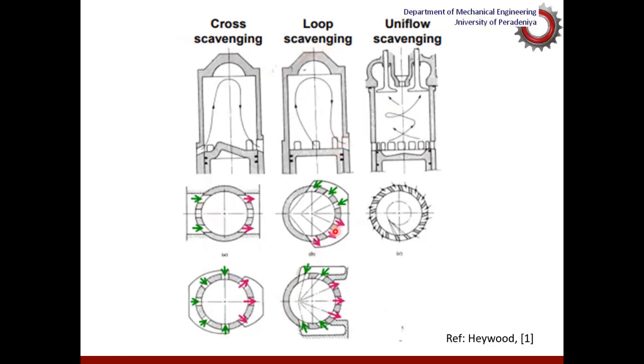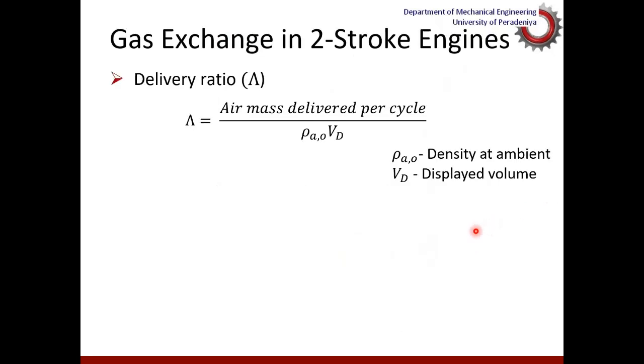And in loop scavenging, also you can have many ports on one side, transfer ports as well as exhaust ports. And in uniflow scavenging, usually they are made such that circular motion is generated, a swirl is generated, in other words, so that the turbulence or the mixing process could be enhanced under uniflow scavenging conditions.